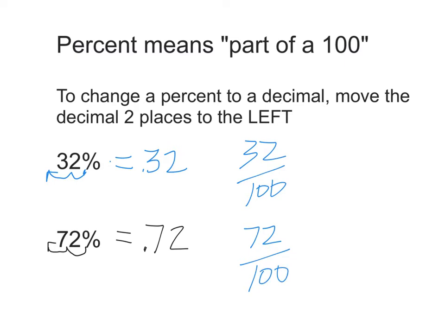Of course, we want to reduce these, and 32 over 100 reduces to 8 over 25, and 72 over 100 reduces to 18 over 25.